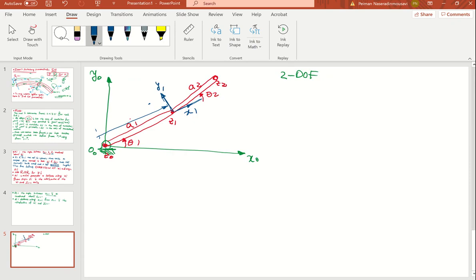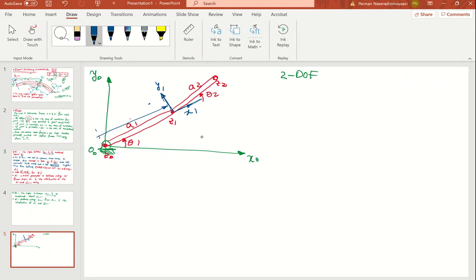So z1 is out of the page, x1 is in the direction of the line connecting z0 to z1 with the minimum length. So this is x1 and y1. Clear?